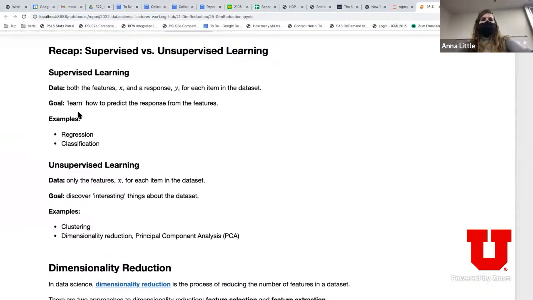So that's our goal, is to predict the response, and that could be in the context of regression, where Y is a quantitative variable, like temperature or height, or in the context of classification, where we're trying to predict the class or category of an object.